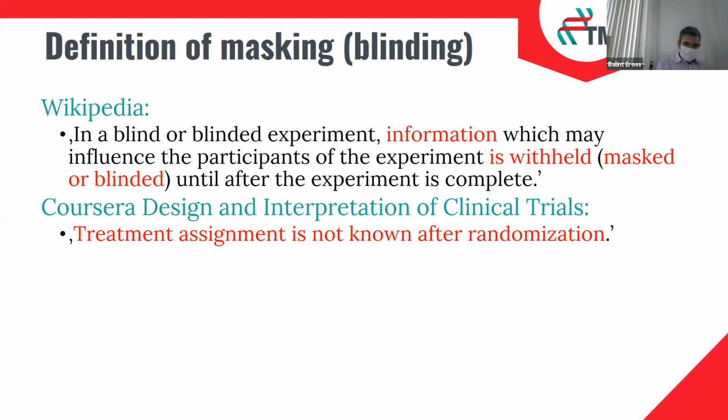According to Coursera's educational material, treatment assignment is not known after randomization. So basically, blinding is a way to ensure that the treatment allocation remains a secret throughout the study.